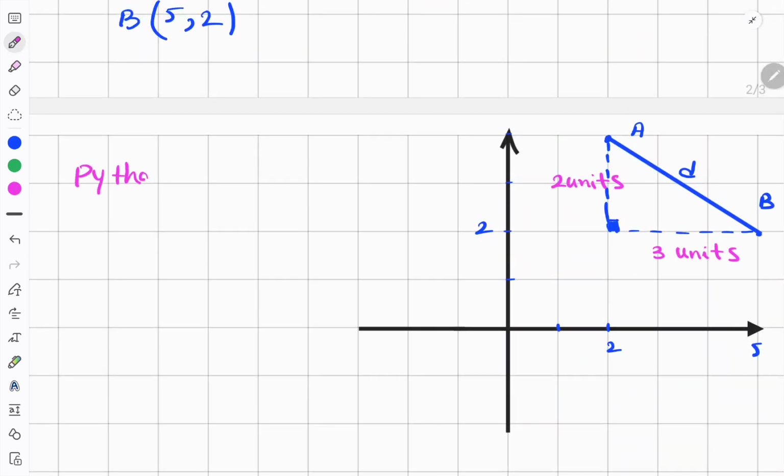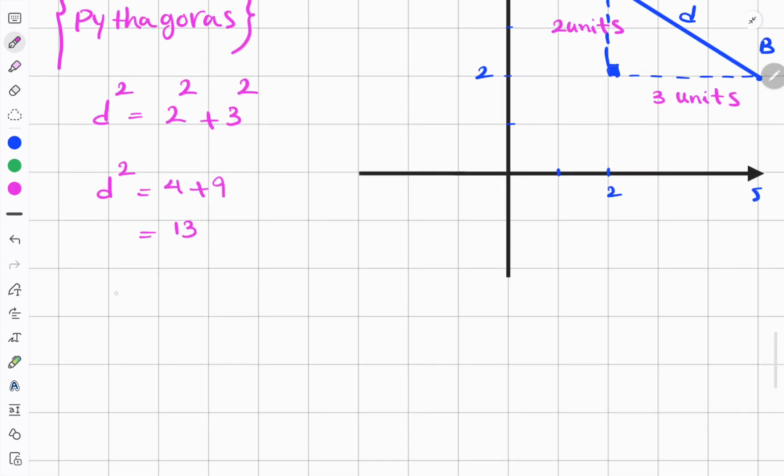According to Pythagoras' theorem, d squared, the square of the hypotenuse, equals 2 squared plus 3 squared. So d squared is 4 plus 9, which is 13. In order to find d, we just need to find the square root of 13. In fact, d, or the length of AB, is radical 13 units.